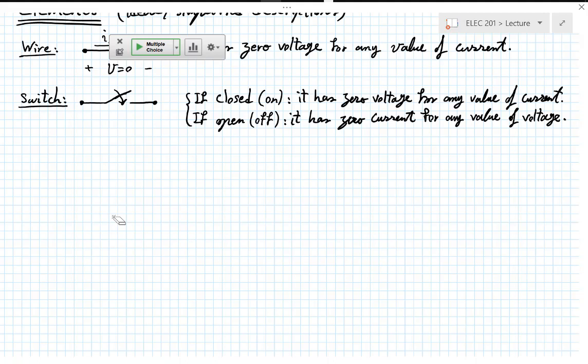It's hard to talk about without specific elements. We'll see examples of that. But there is nothing about the switch that imposes either 0 or infinity or any other specific value. Okay. Was there a hand raised? Oh, okay. So that's the switch.